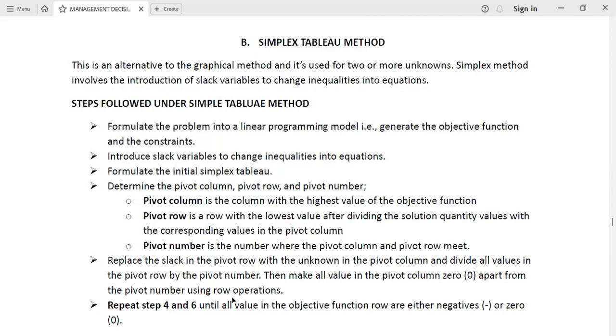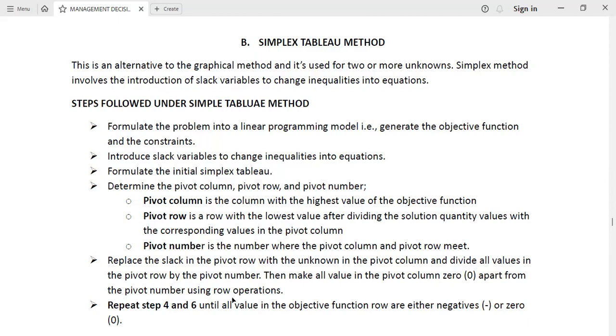That smallest result that we've got after dividing the solution quantity by their corresponding pivot column figures, where it belongs, it becomes our pivot row. We know that a row is always going horizontally. All the figures within that row are what we call the pivot row.